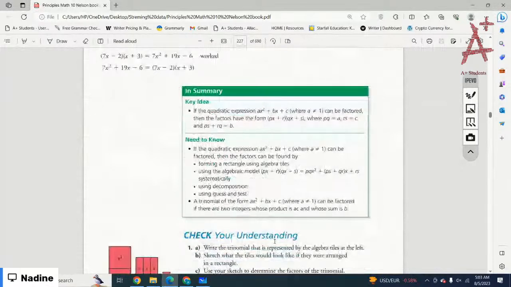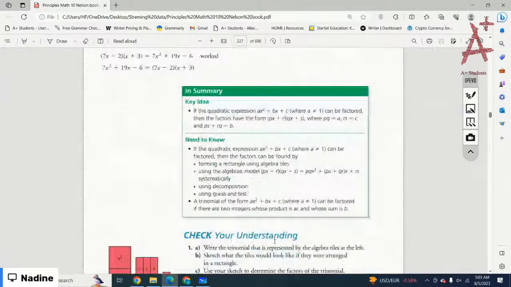If the quadratic expression ax squared plus bx plus c can be factored, then the factors have the form px plus r and qx plus s, right? pq equals a and rs equals c. And when you add them, ps plus rq, they make b, right?